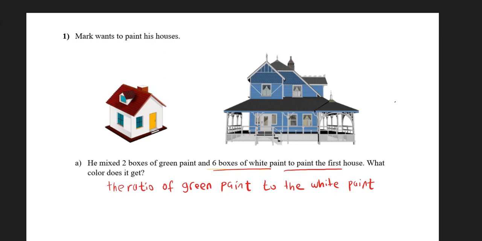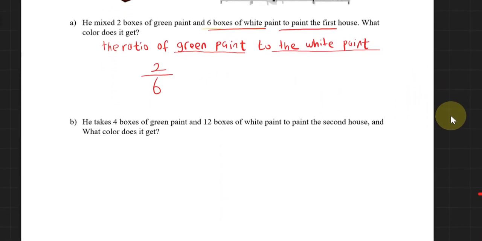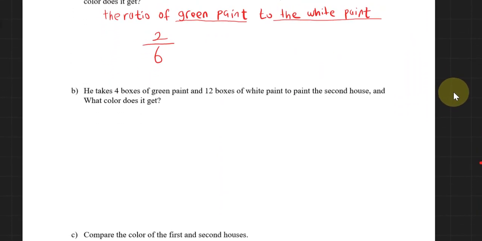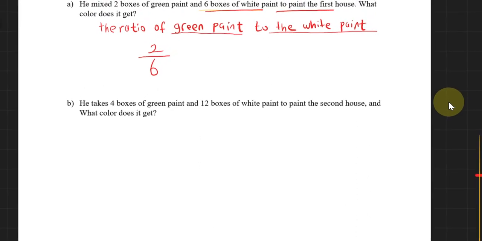I'm talking about the numbers. We should write the number of green paints to the numerator, and we should write the number of white paints to the denominator. And what will be the ratio? 2/6, right?